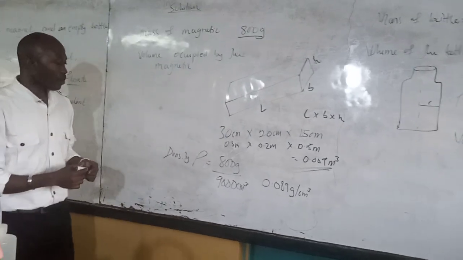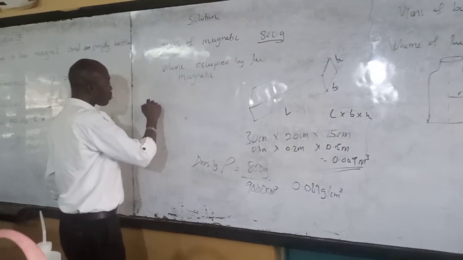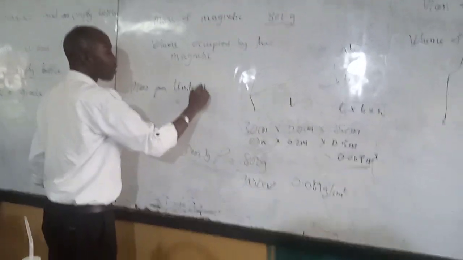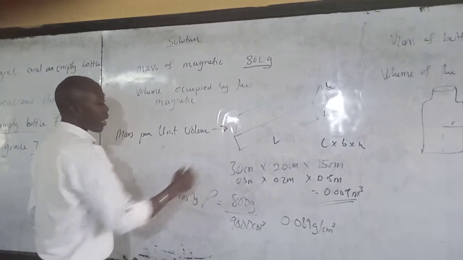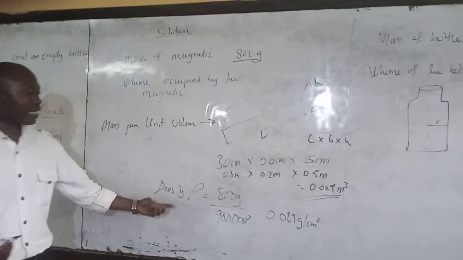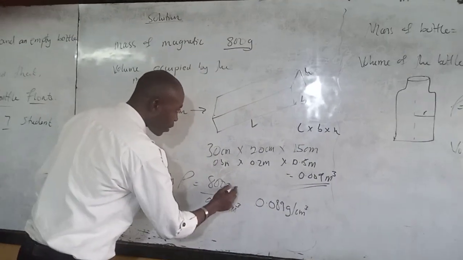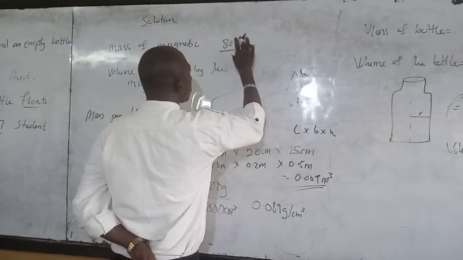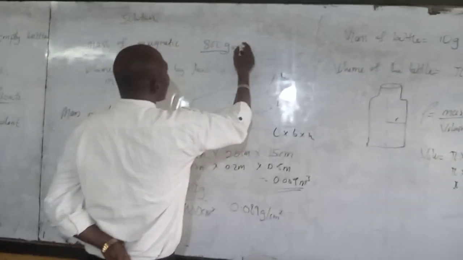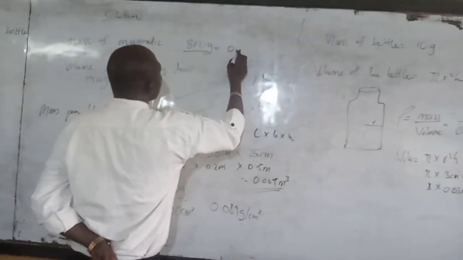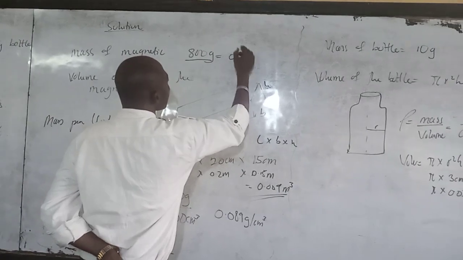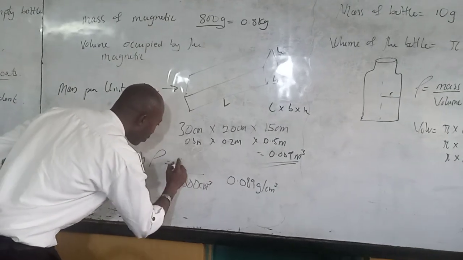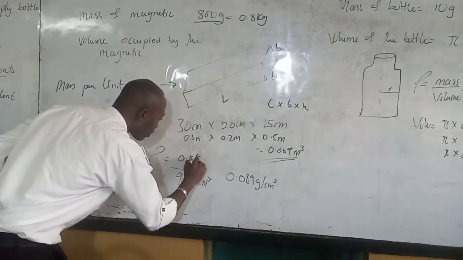Let's compare the mass per unit volume of the bar magnet. In science, we call it what? Density. Mass per the volume of this object. Quickly, you convert this to kilograms, the standard unit. That gives you what? 0.8 kilograms. So you measure here, this will give you 0.8 kilogram.